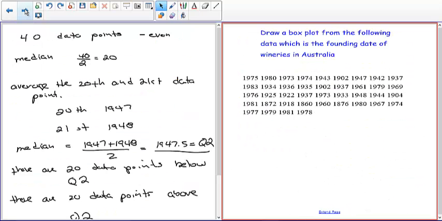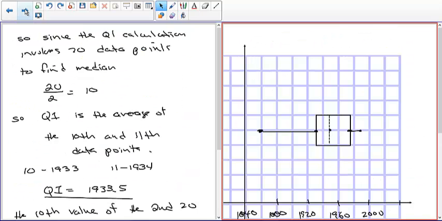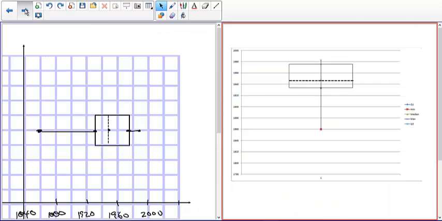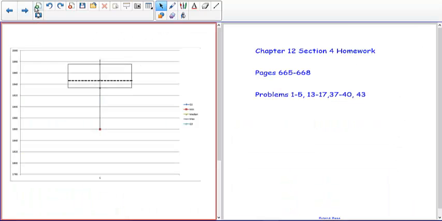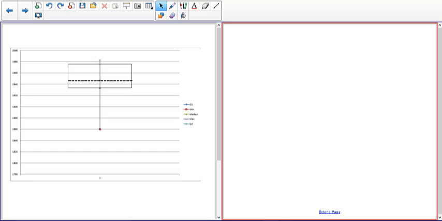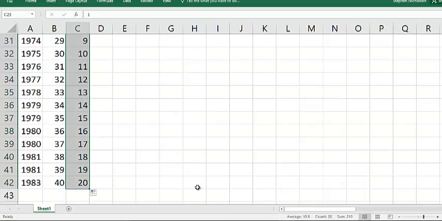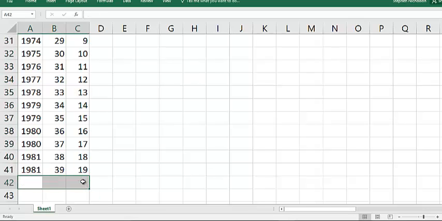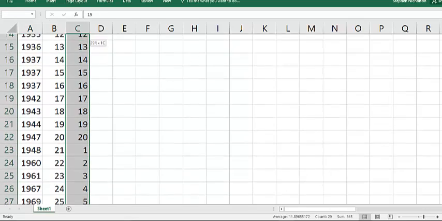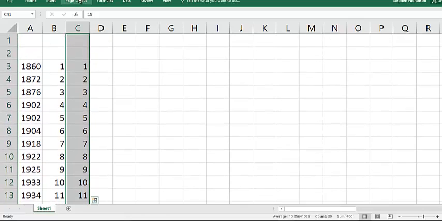Okay, let's go back to the question of what do I do if the number of data points is different. I'm going to do that by just showing you how things would change. So let's get rid of 1983. Okay, so I'm going to delete this.